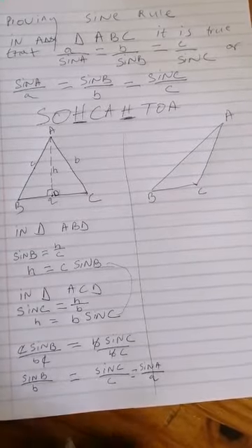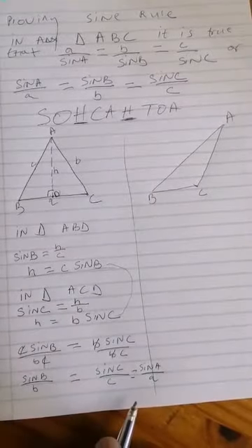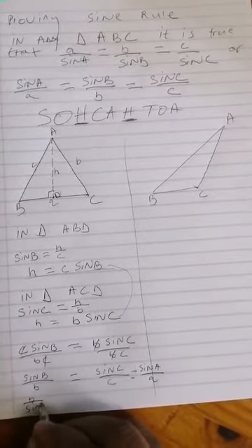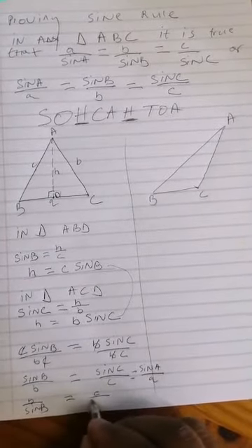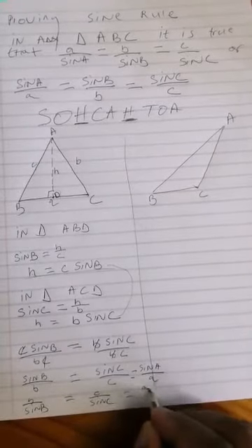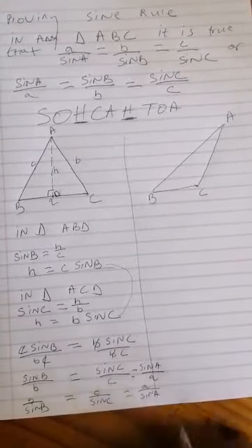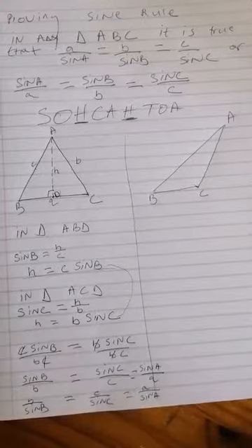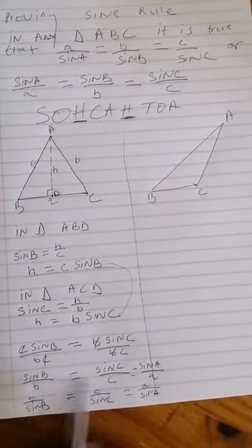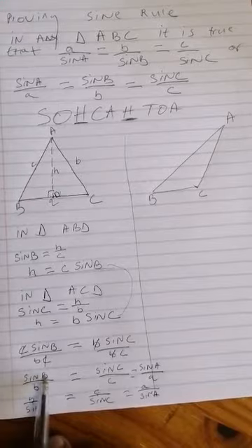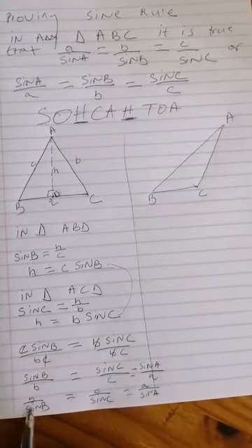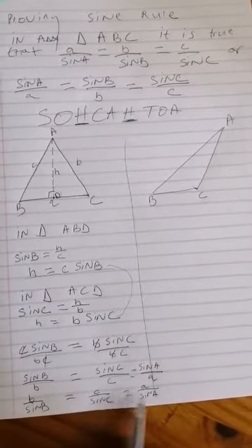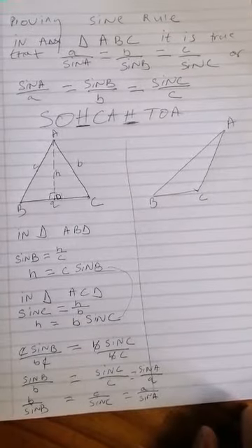You can also flip this and have b over sine B equals c over sine C equals a over sine A. So you equate two of these depending on what you are looking for and what you are given. You can equate any two if you are looking for the angles, okay? And you can equate like this with the sides on top if you are looking for a side, okay?